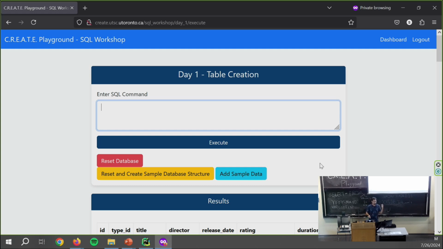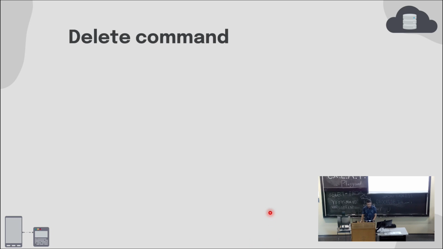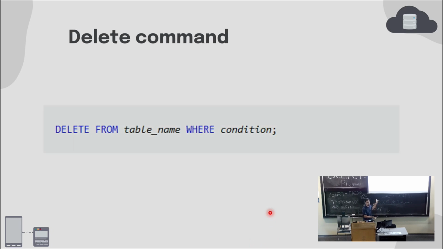Select star from, show table name, which is here somewhere. Oh yeah, it's here. So we know how to update, we know how to insert. Technically, you are going to use them, but they are not the reason that we are here today. Also, we have the delete, which is the simplest command out there.